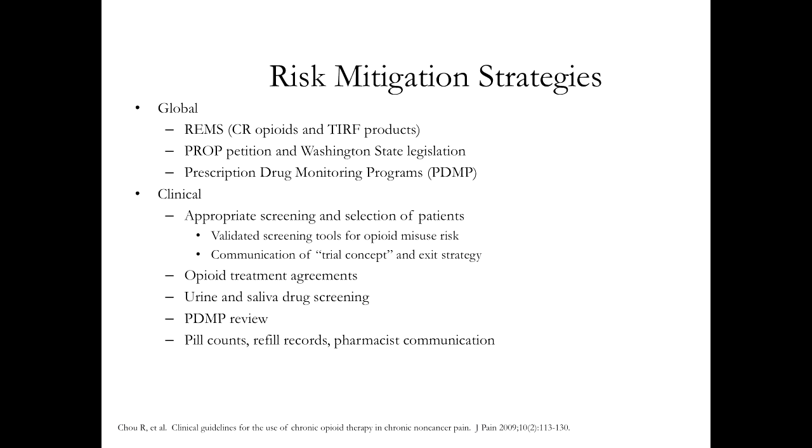For females, a history of adolescent or childhood sexual abuse has been identified as a very large marker as far as odds ratio for increasing risk of opioid misuse. And family history of polysubstance abuse can really increase the risk as well.